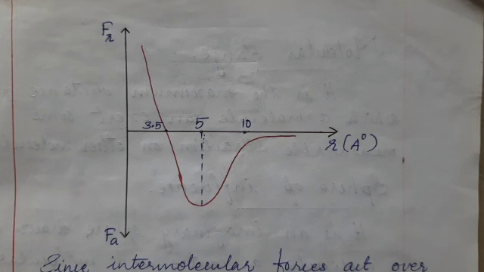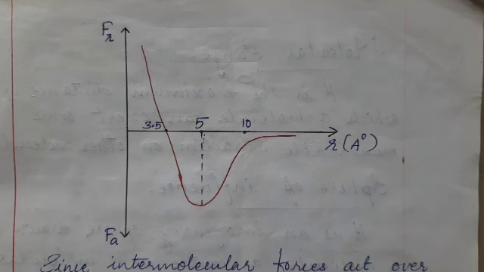Every substance's molecules maintain a particular distance. It is of the order of Angstrom, that is 10 power minus 10 meter. If the distance between molecules is more than some 10 Angstrom, then these intermolecular forces are very small.